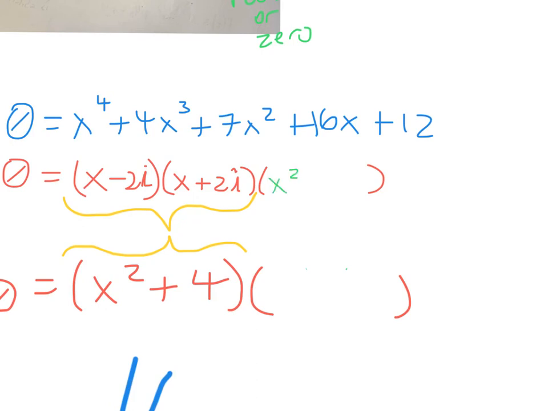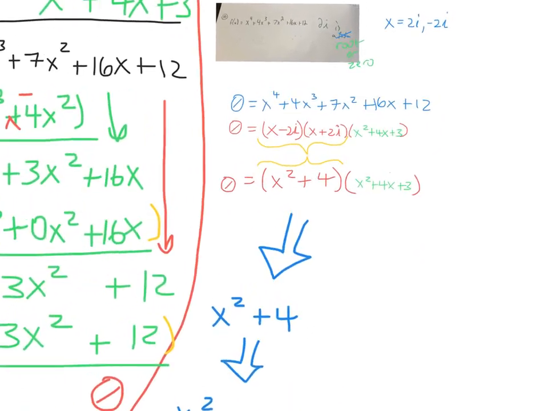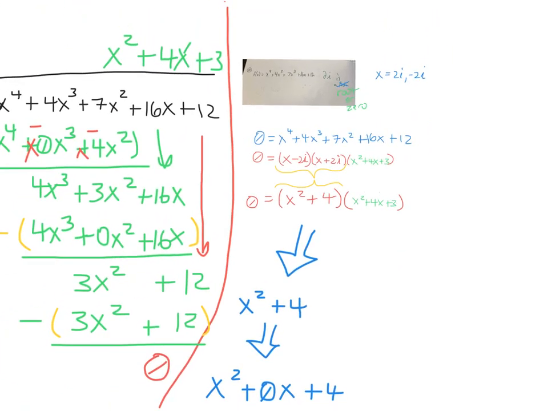X squared plus 4x plus 3, x squared plus 4x plus 3. So the one that we're really interested in is this line right here. So let's just summarize the truth. And the truth is that this whole expression could totally be factored into that.